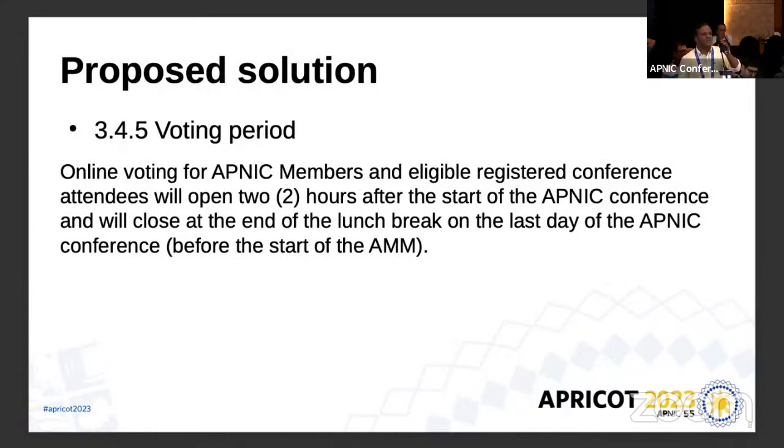This will create a situation where, if I'm an APNIC member and I am not attending the APNIC meeting, I can vote for NRO-NC before the conference, and for voting in SIG, I have to wait till the conference. We have a very low voting percentage already in APNIC. So why are you forcing a member, a corporate person, to log in twice to do the voting? They are not even doing it once. You can log in once and vote for both elections.